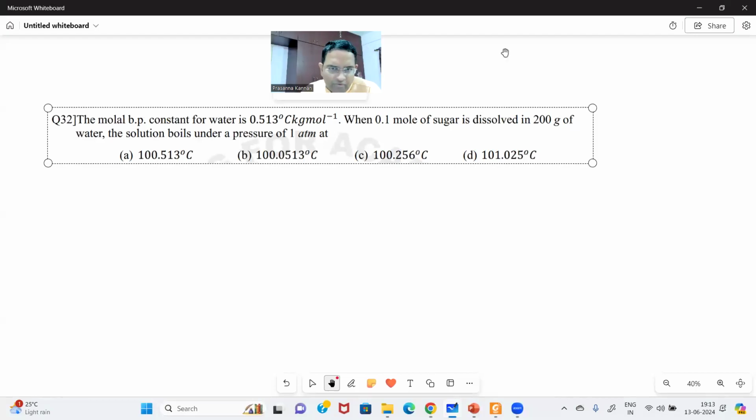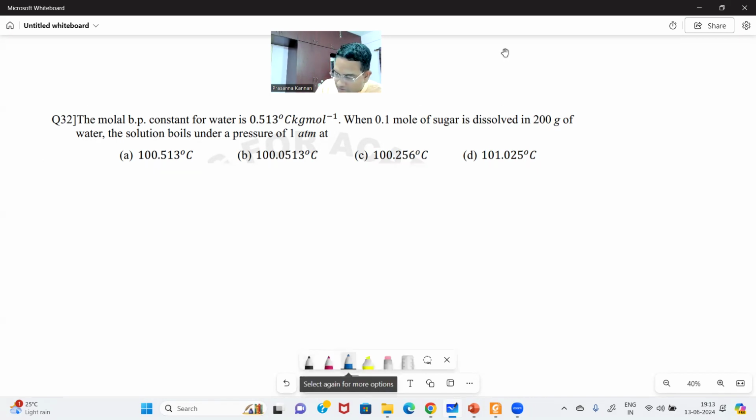All right. Okay. So the molal boiling point constant for water is 0.513 degree kilogram per mole. This we know, right? So your Kb is given. That's called the molal boiling point constant or ebullioscopic constant.